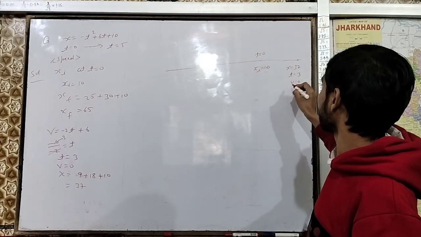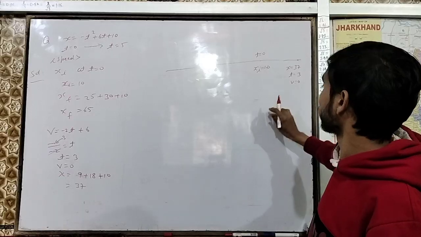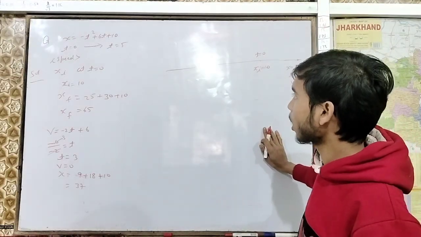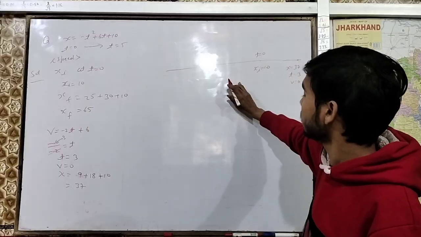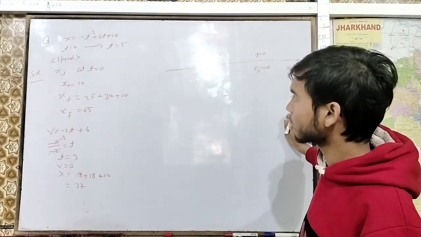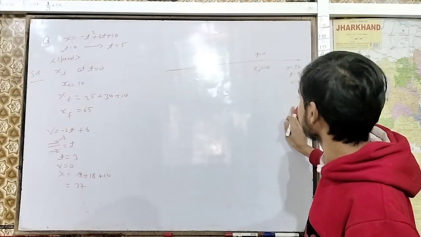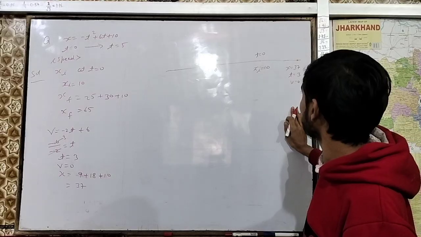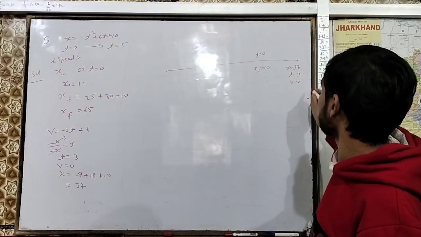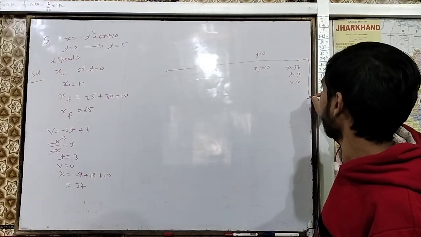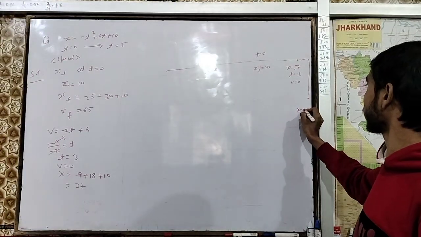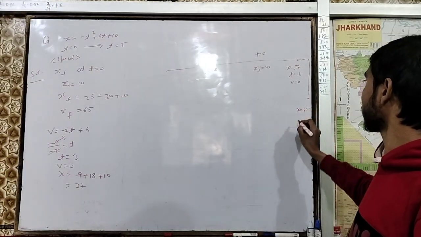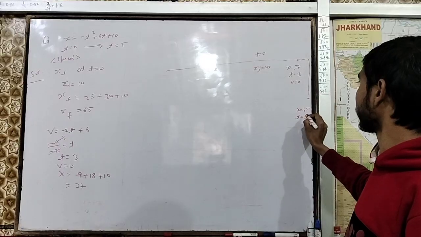Here velocity is 0. Now x final will be over here. So x final will come over here. So 65. X is 65 where t is 5.